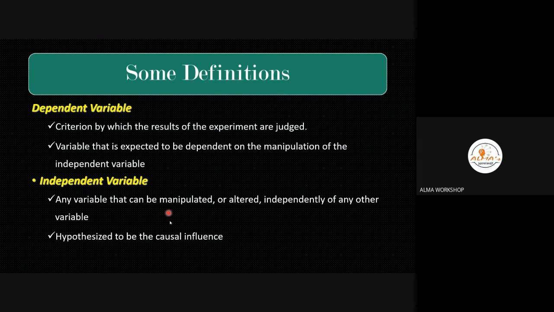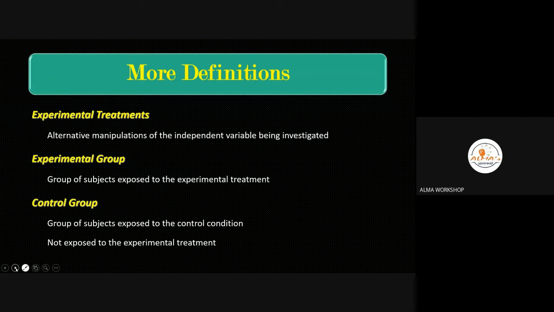You can have all these definitions, girls. Any variable that can be manipulated, or that can be altered independently of any other variable, is an independent variable, and it is hypothesized to be the causal influence. That's very, very important when you have to do your experimental research.